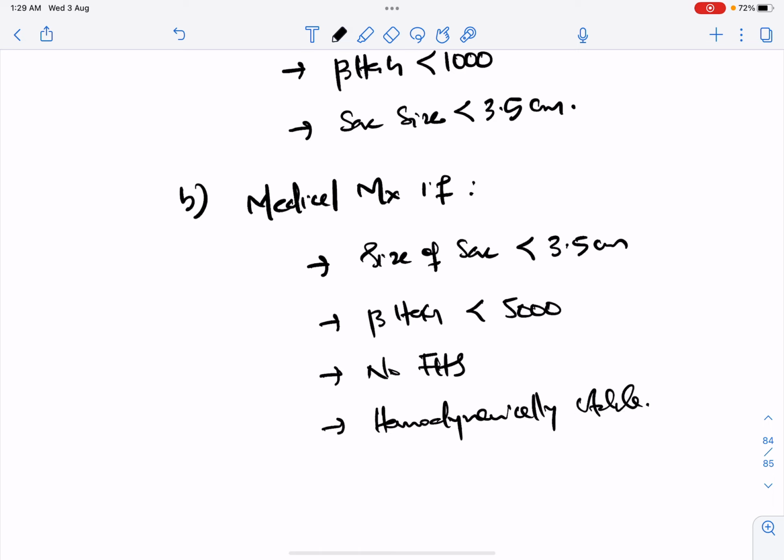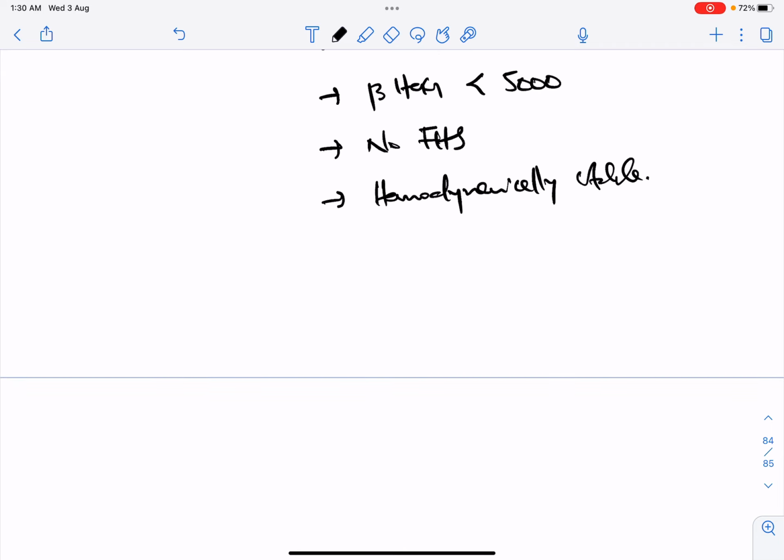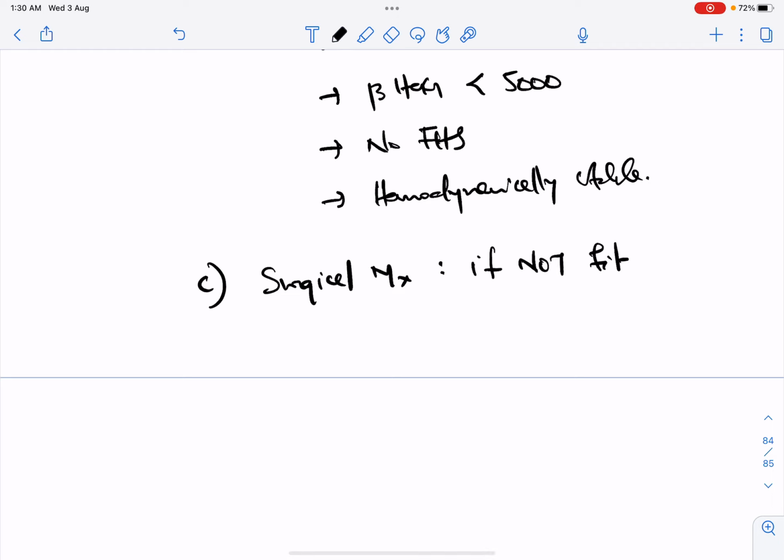So here the beta hcg value is slightly higher, somewhere between 1000 and 5000. Then you have to go for medical management instead of expectant management. And you have to go for surgical management if not fit to both.